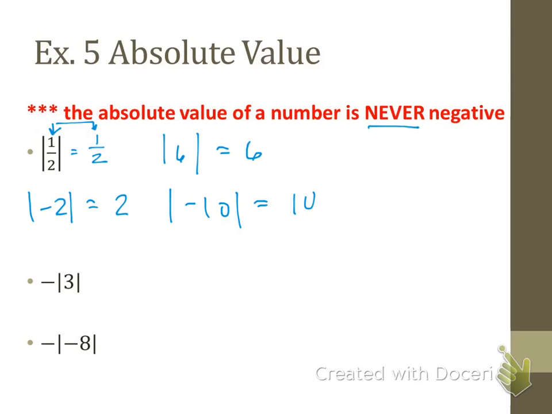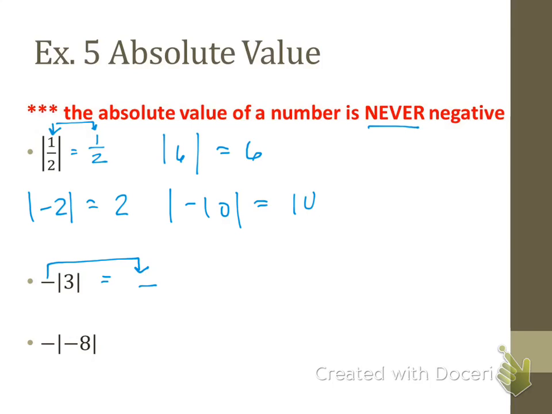That means that negative does not have to follow the rules of absolute value because it's not inside of the bars. Only whatever's inside of the bars follows those rules. Whenever I have a negative sign on the outside of the absolute value bars, it has to be carried into my answer. It never goes away. It always appears in my answer.